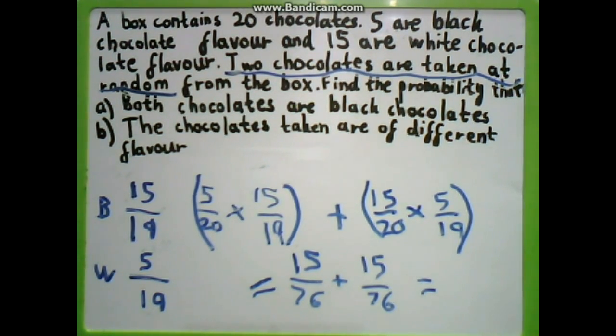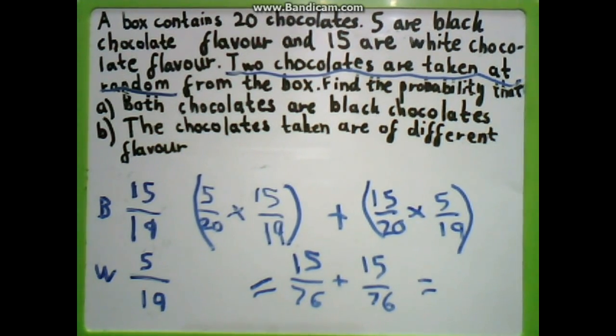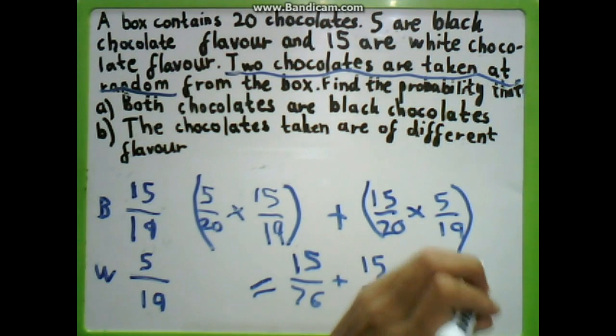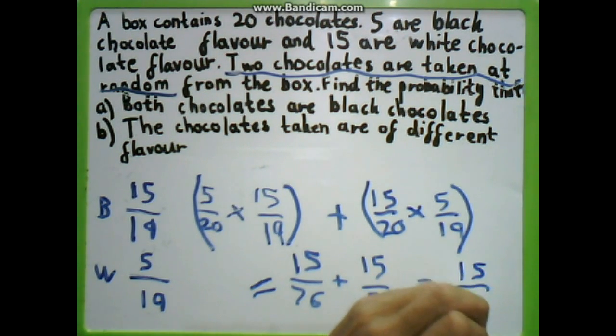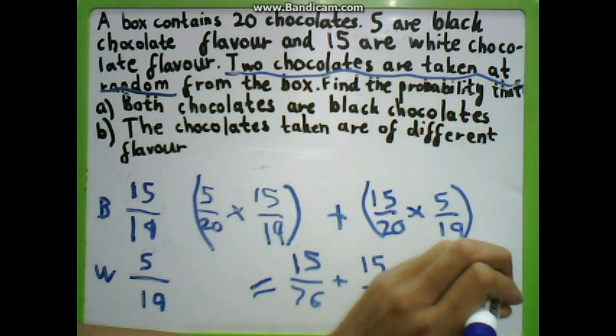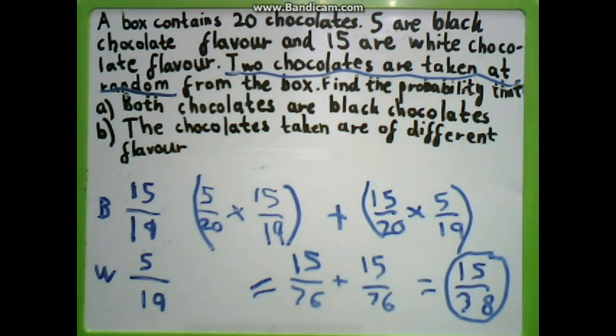So plus, sorry, you will get 15 over 38. That is your answer for B.